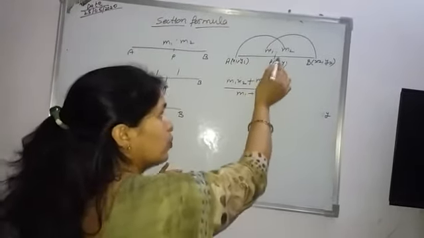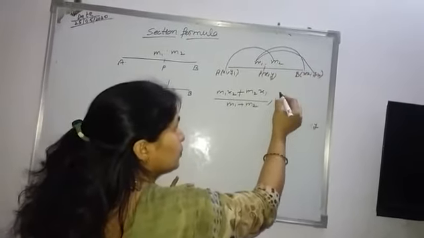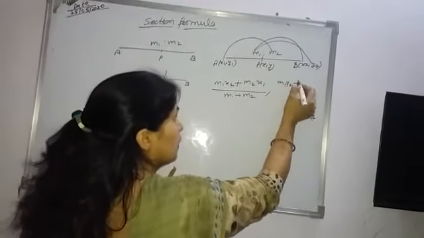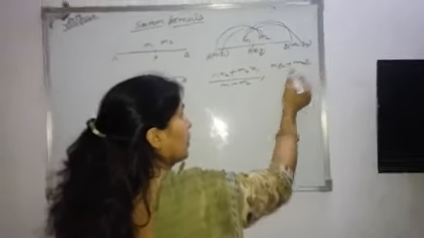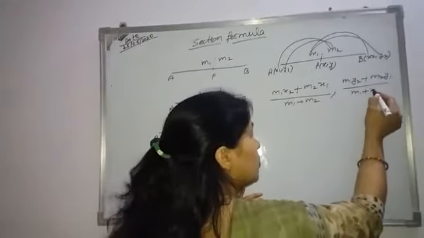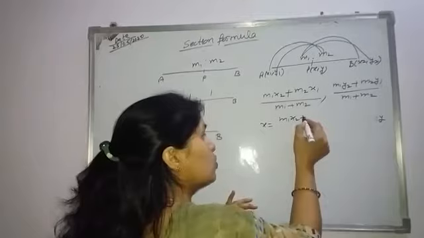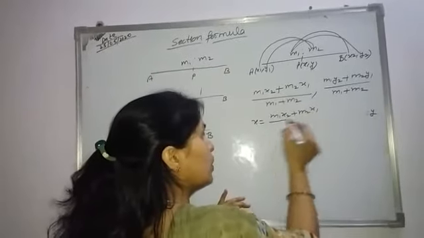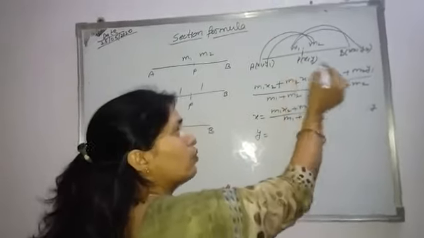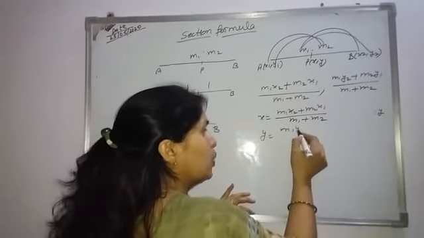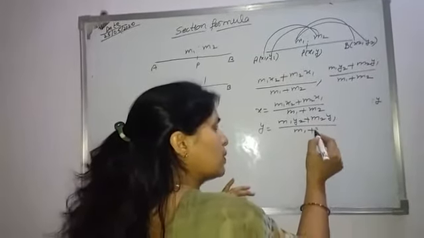The next value is of y: M1 into y2 plus M2 into y1 divided by M1 plus M2. Here x is equal to (M1 x2 plus M2 x1) divided by (M1 plus M2), and the value of y is (M1 y2 plus M2 y1) divided by (M1 plus M2).